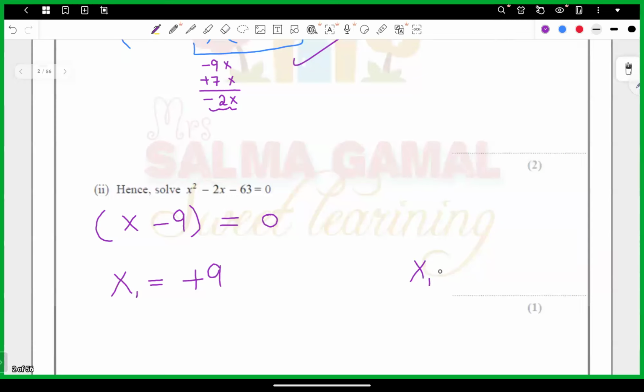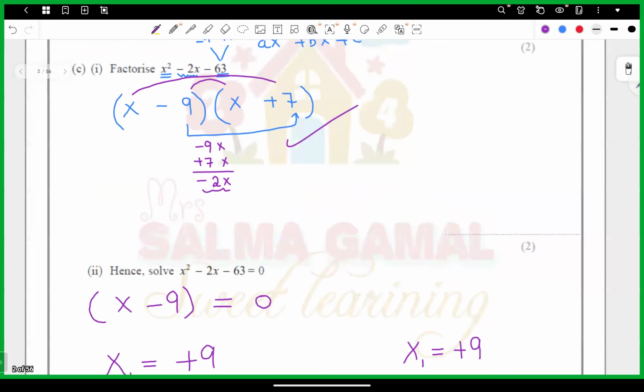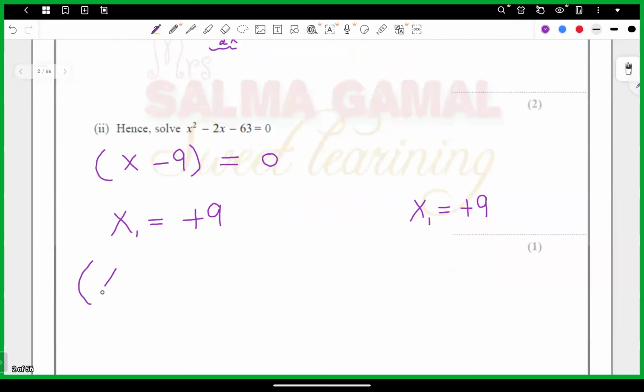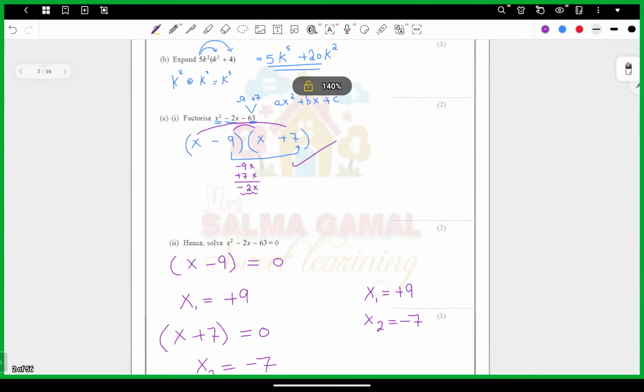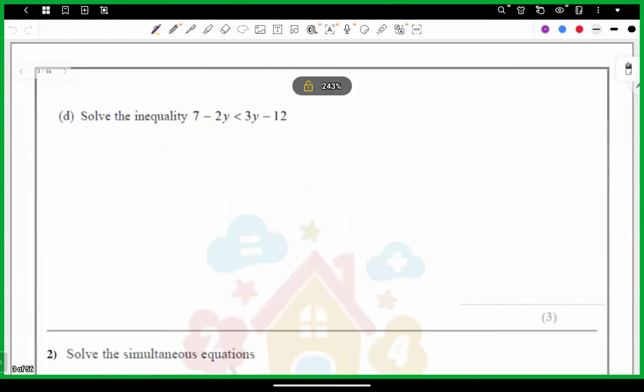So here you have to write your answer down: x1 equals positive 9. And what is the other bracket? It should be x adding 7 here like this equals 0. So x2 equals take away 7. So write x2 here equals take away 7. Write your answer very clear to understand this very well.